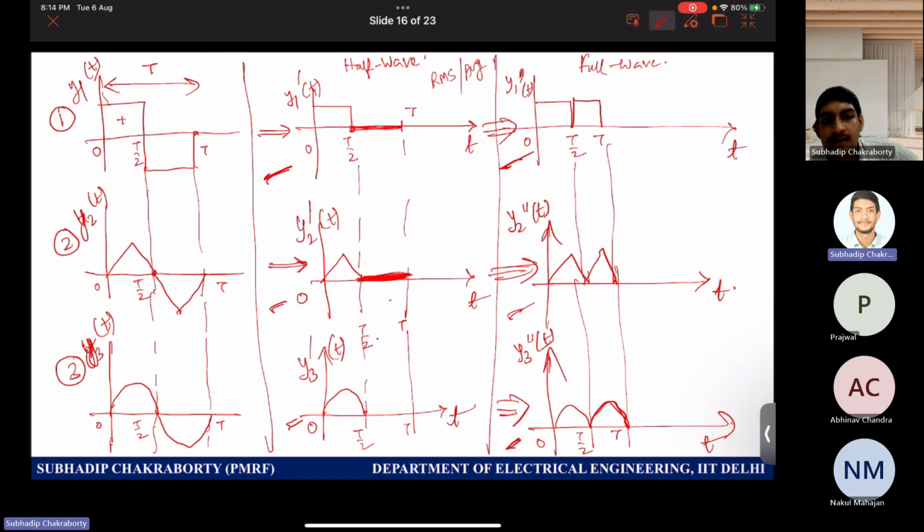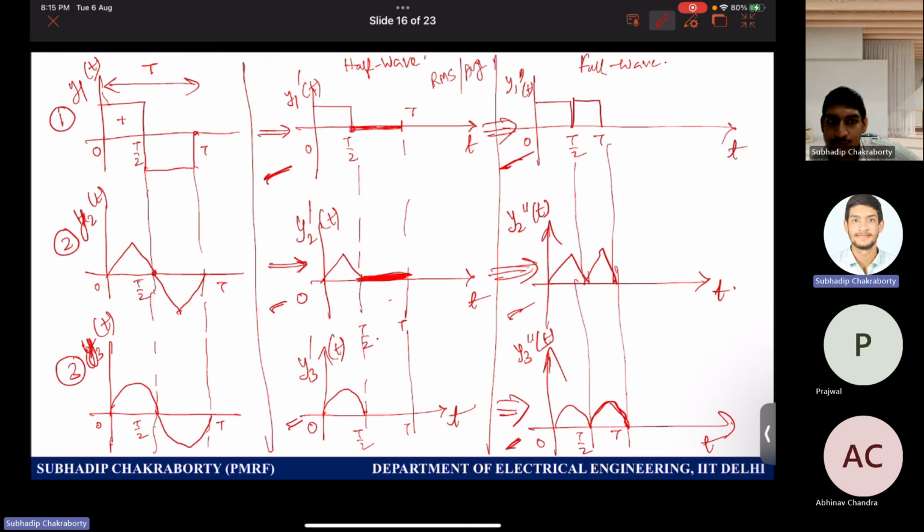Yes, sir. Now, what is the RMS value? What is the definition of the RMS value? It is the same thing, only you have to take the area under the curve for the square of that signal. After taking the mean over one time period, you have to again take a square root. So you first need to take the square, then take the mean of the area of that square of the signal, and then take the root.